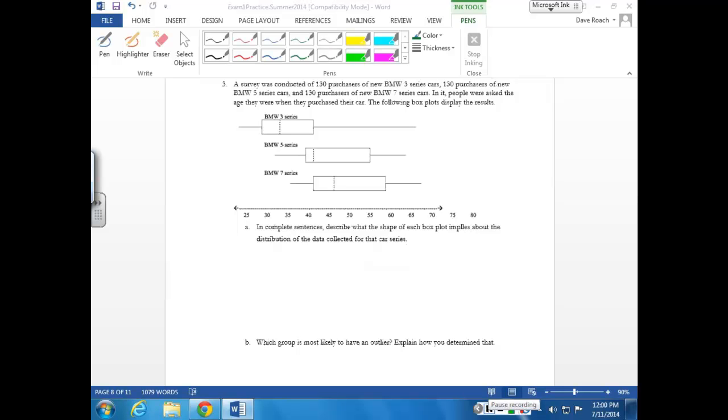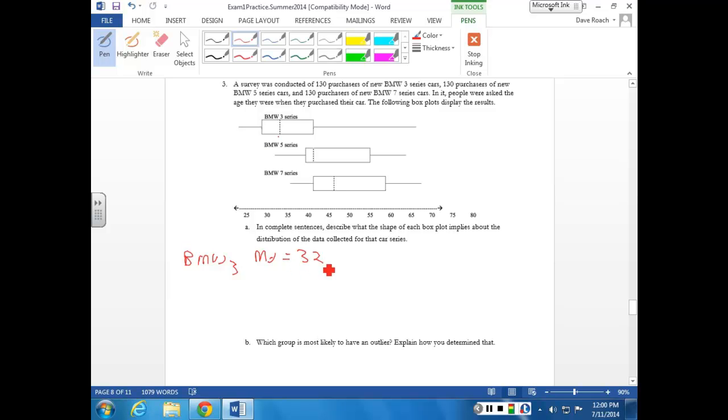Okay, the next one is interpretation of a box plot. In the first part, just what does the shape of each box plot imply about the distribution. So for the BMW 3 series, for one thing, you can see that the median is maybe around 32 or 33. I'm going to put 32.